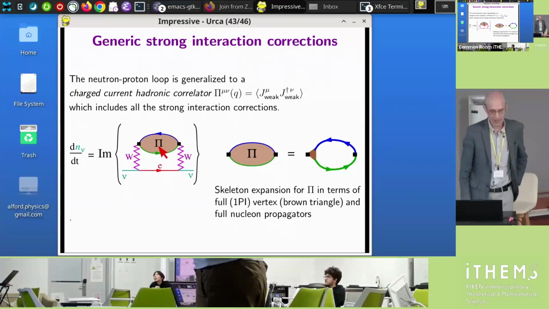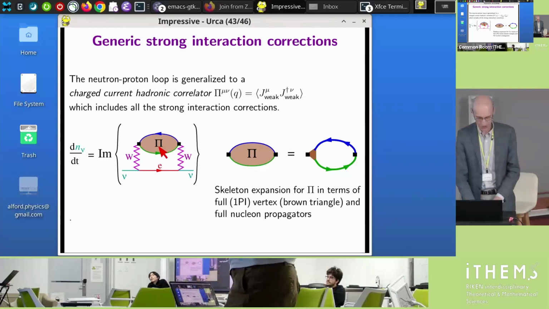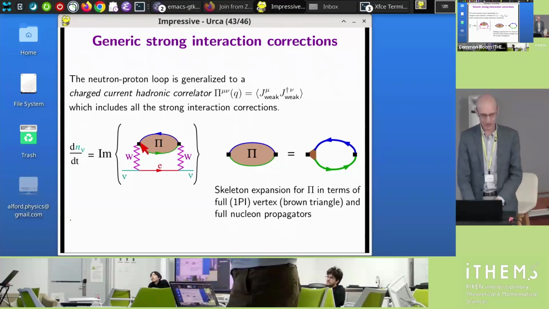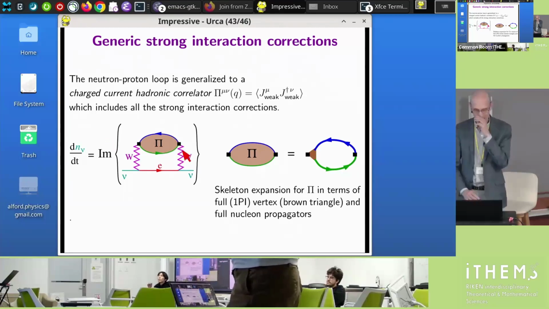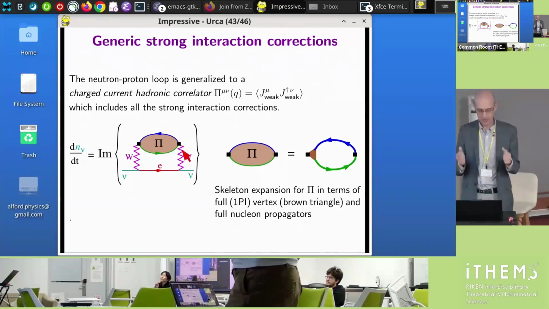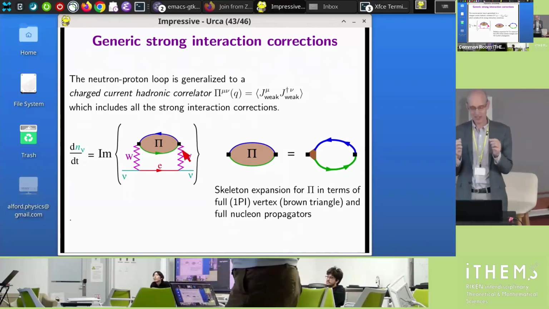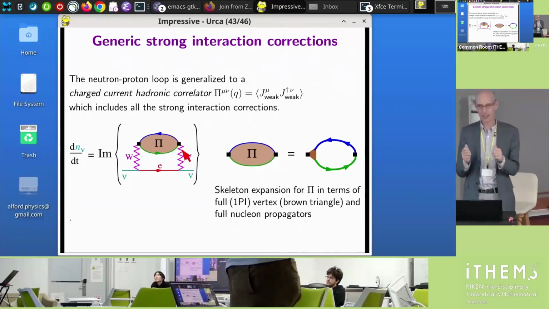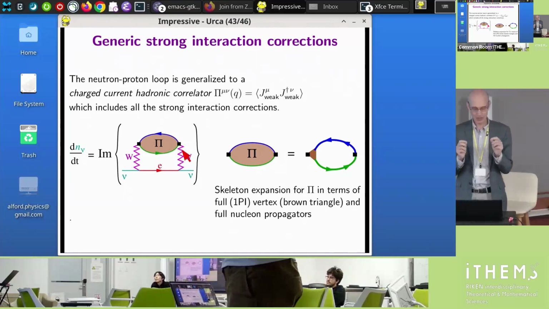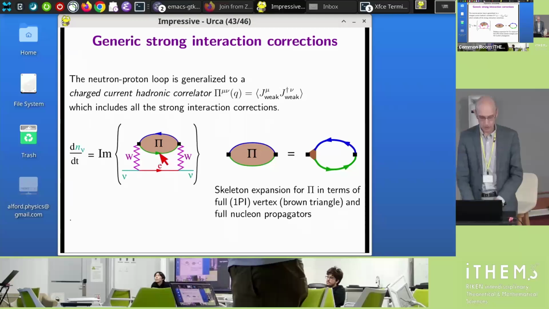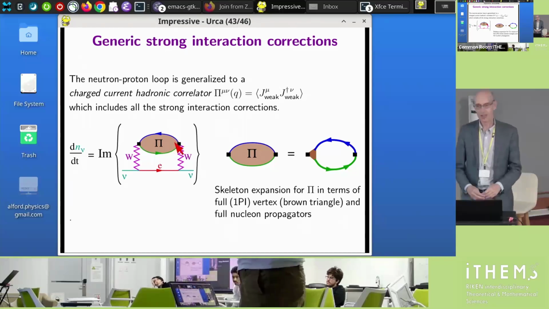Okay, that's an excellent question. So right, this is a current correlator, and normally when you do current correlators, you have to be concerned that this is a Green's function of currents, and if these currents are conserved, then there are Ward-Takahashi identities that the correlation function has to obey. If we were talking about neutral current correlators here, where it was a neutrino, a Z boson here, coupling to a neutron in, neutron out, then that current is exactly conserved.